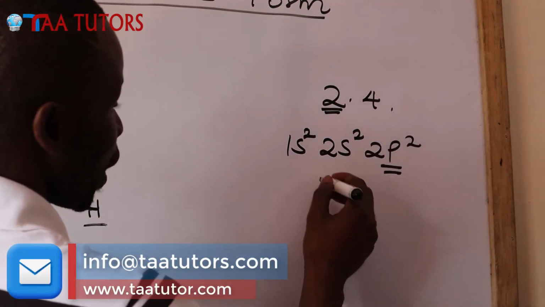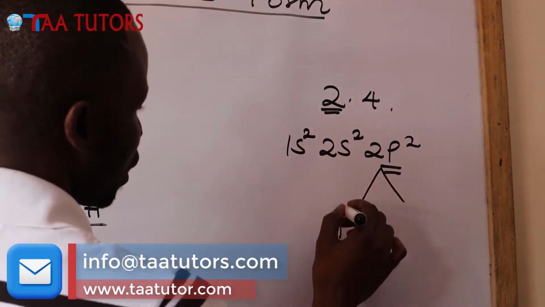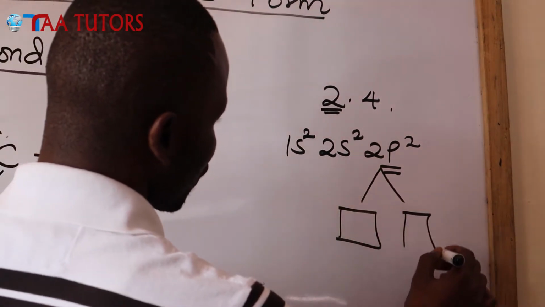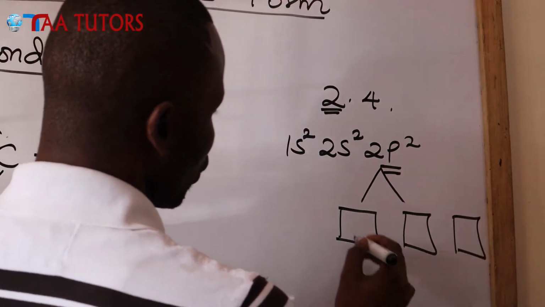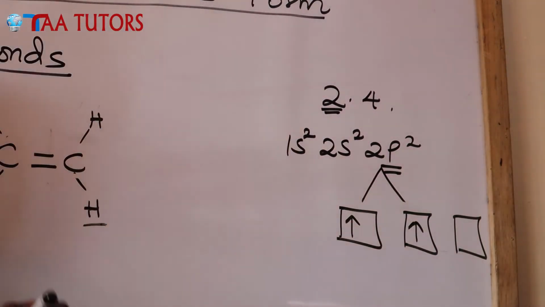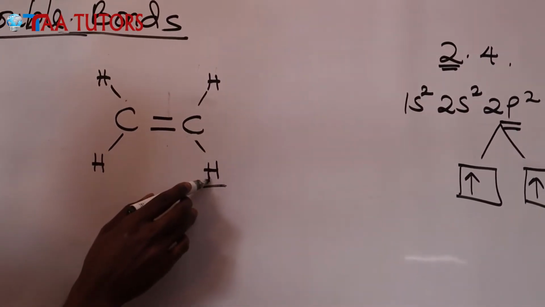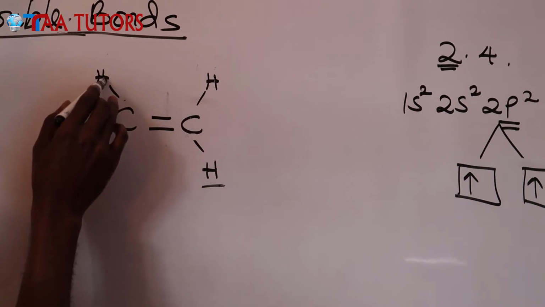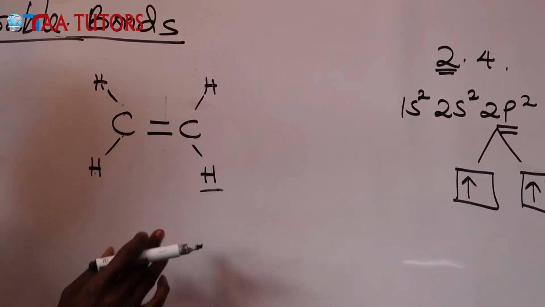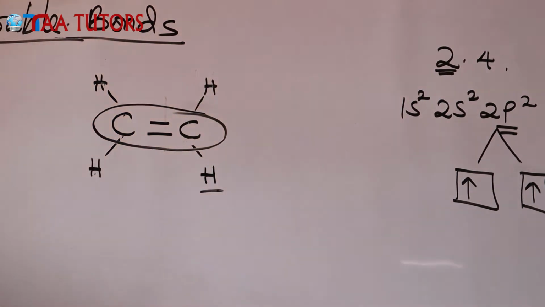Let me expand this one. We know that the p orbitals must be 3, so if you have the p orbitals here, they are 3, then what do you expect? 2 electrons will fill 1, and this one will be empty. It means that the linkage here will be an s and a p, an s and a p, an s and a p, an s and a p. But that's not my problem. My problem should be explaining what happens in this particular bond here.